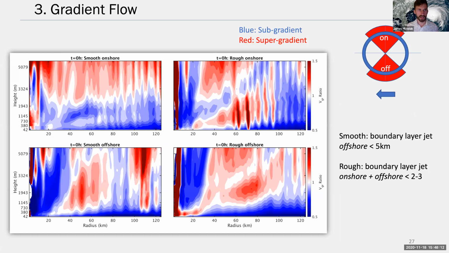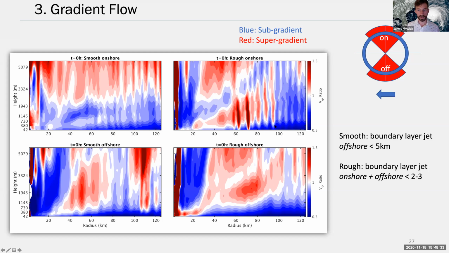So I think this is my last slide. I'm going to show essentially the same picture. Now I'm calculating the deviation from gradient flow. If you remember, the gradient wind balance is the inward pressure gradient force equals the outward centrifugal and Coriolis forces.